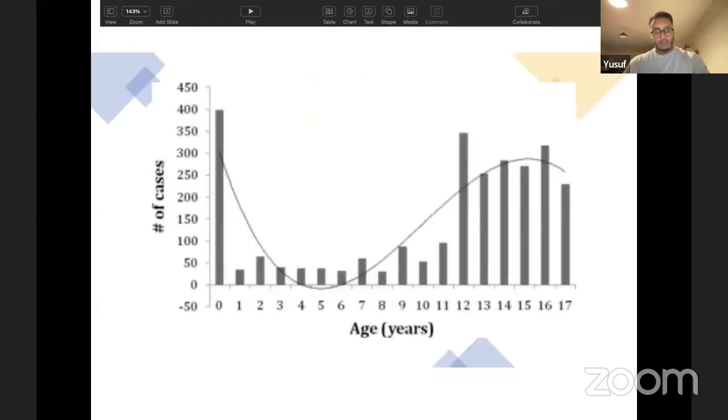Okay, in terms of the epidemiology, there's a bimodal peak. The first peak is in the perinatal period, and this is what's called an extravaginal testicular torsion, which is not going to be very relevant to most of you. It tends to be identified at the routine baby check. The one that's more relevant is the intravaginal torsion.